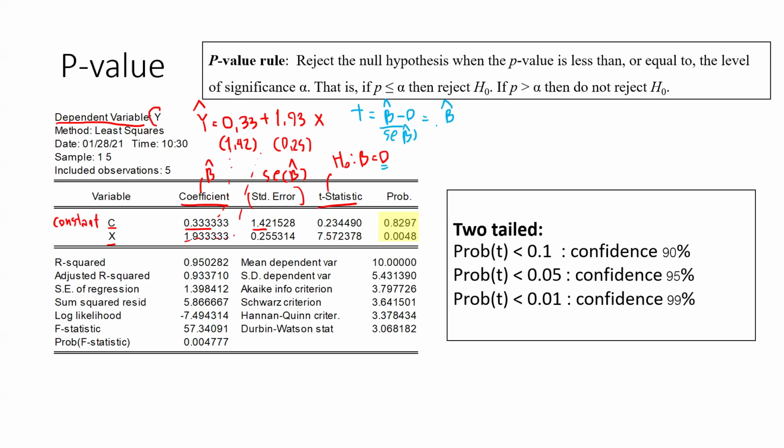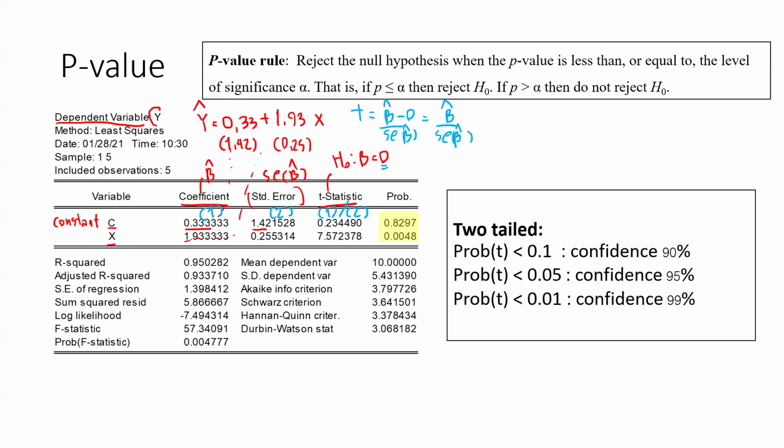So beta hat over standard error. What does it mean? It means if this is 1, this is 2, and this is 1 over 2.